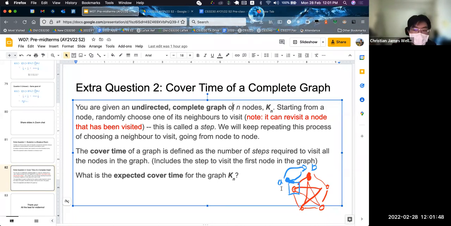So we say that the cover time of a graph is defined as the number of steps you make to visit all the nodes in the graph, which includes the step to visit the first node in the graph. So what is the expected cover time for this particular graph, the complete graph Kn?